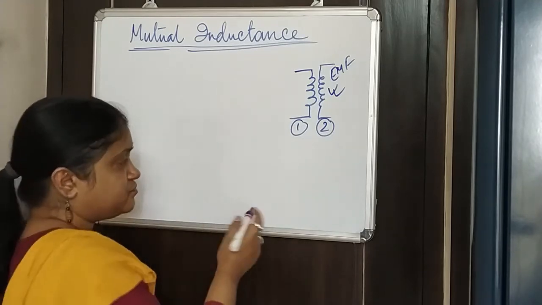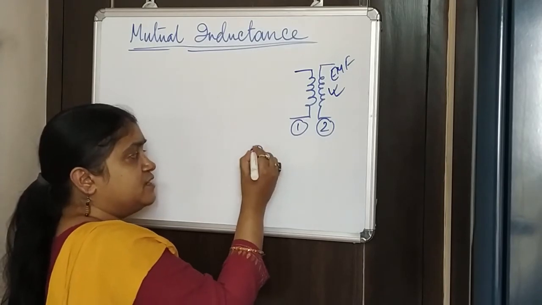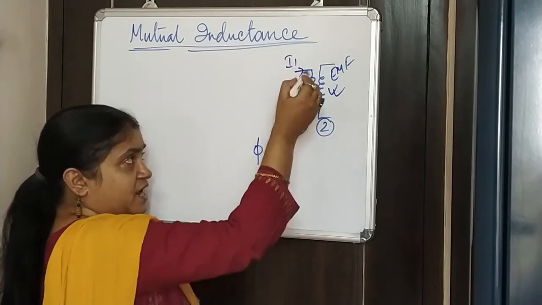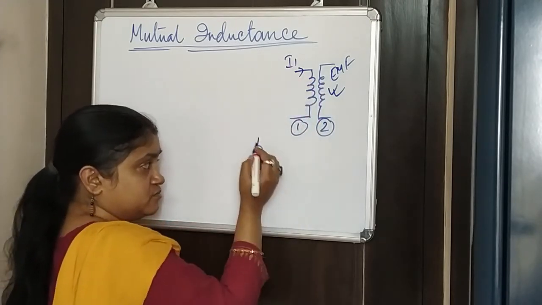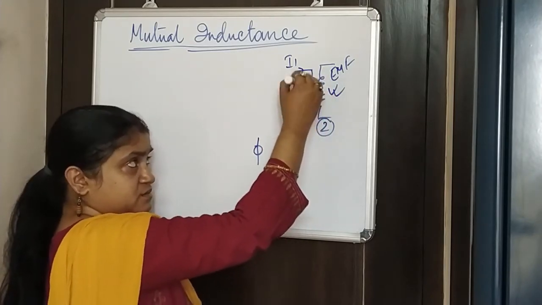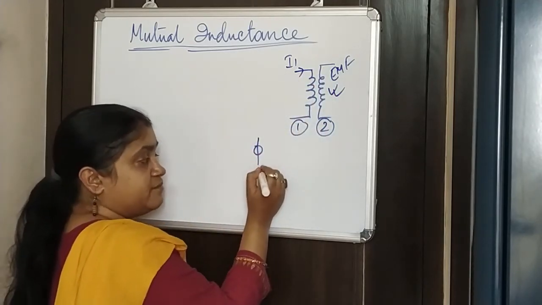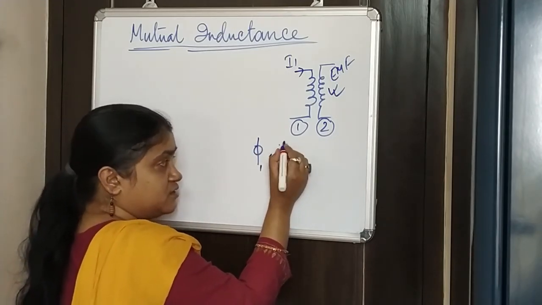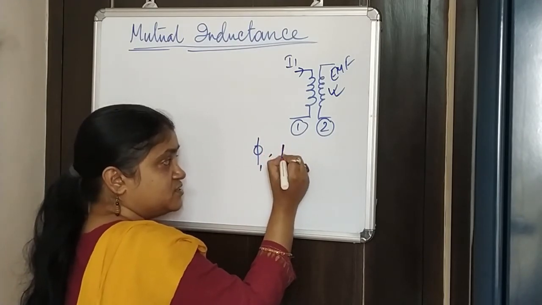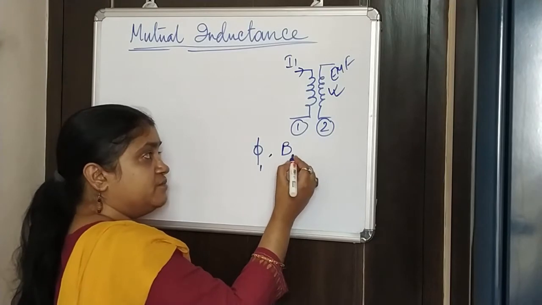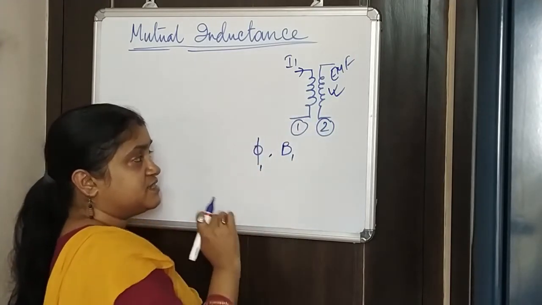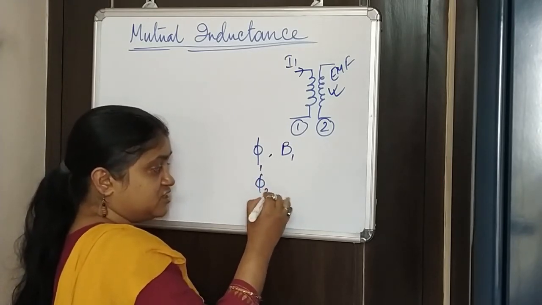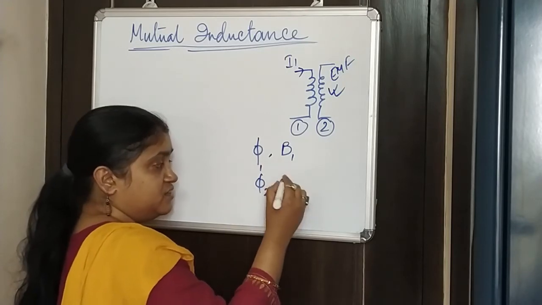Now suppose for my first coil the current is I1, and for this primary coil the magnetic flux is phi1, with a magnetic field B1. In the secondary coil I have magnetic flux phi2, and the field is B2.